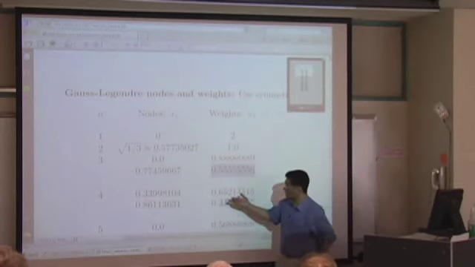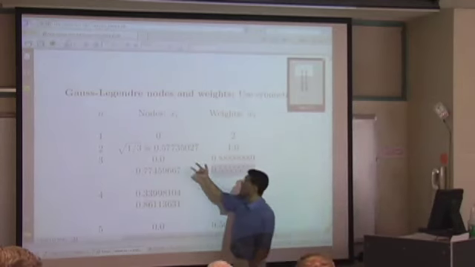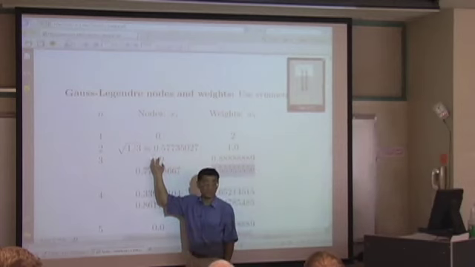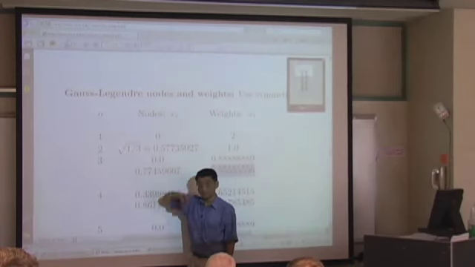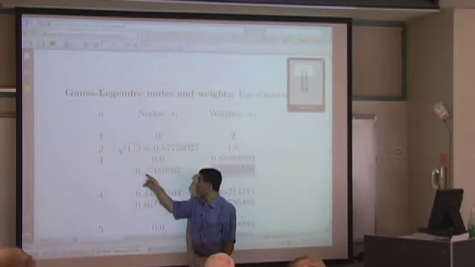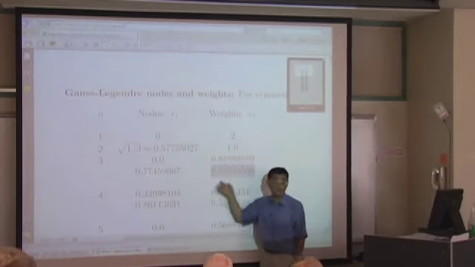I don't find the next one, right? You need 3 points. And usually we use symmetry. 0 is symmetric to itself. What about this one? Negative 0.77 can be used, right? Negative 0.77 is this point, and the same weight is used.